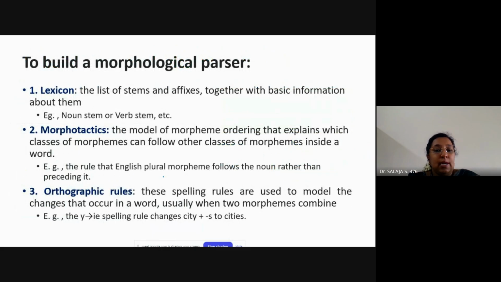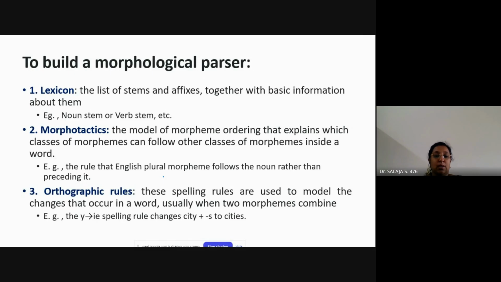Now, what do I need to build a morphological parser? The first one is a lexicon, which talks about the list of root words, and the prefixes and affixes which can be added. I have to have a clear understanding of all these three.